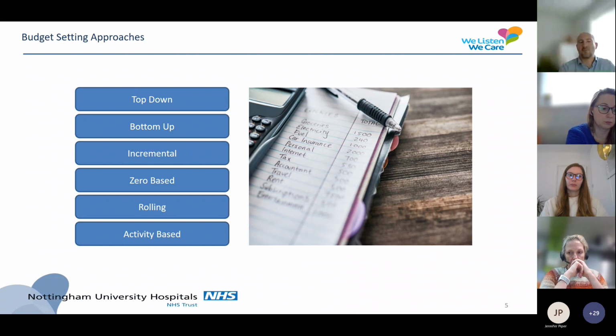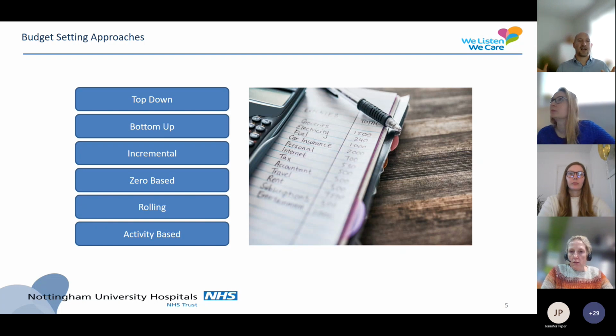I should have been a bit more precise in the language. So yeah, it's factoring all of that in to determine what capacity you need. And then once you've determined the capacity, it's then costing that capacity up. So how many staff do you need? How many surgeons do you need for the theatre sessions and theatre sessions in their job plans? How many clinics do you need to run?